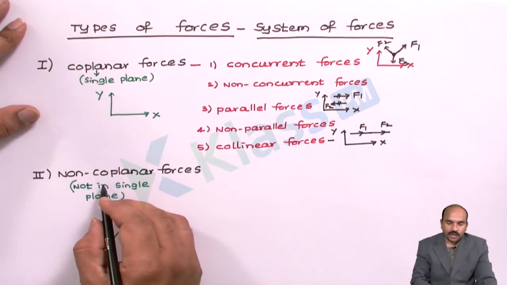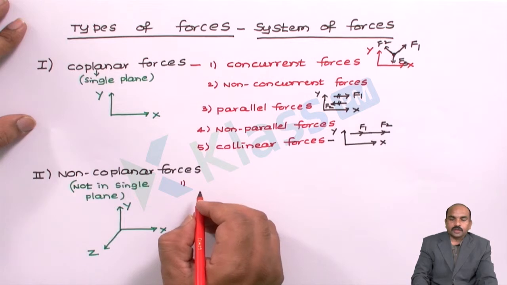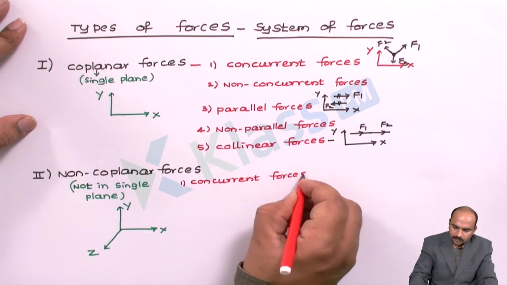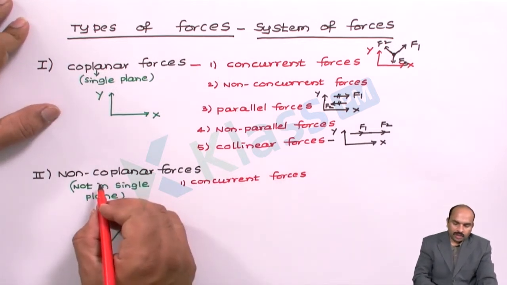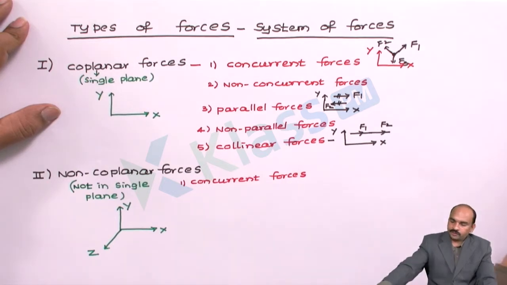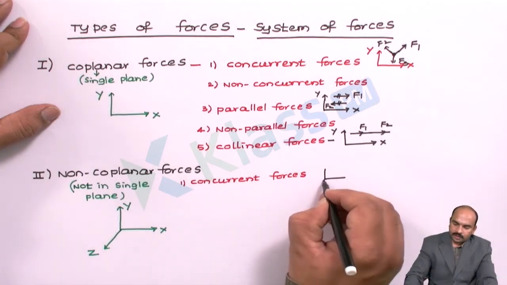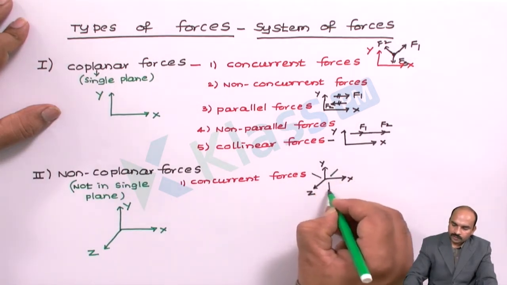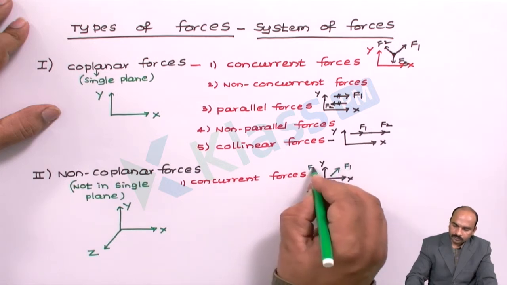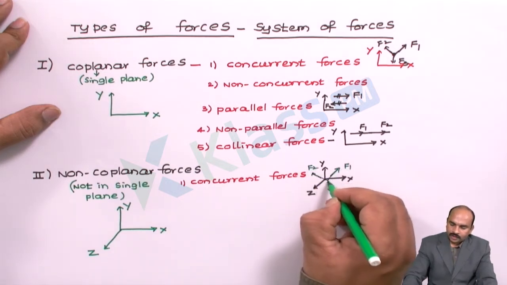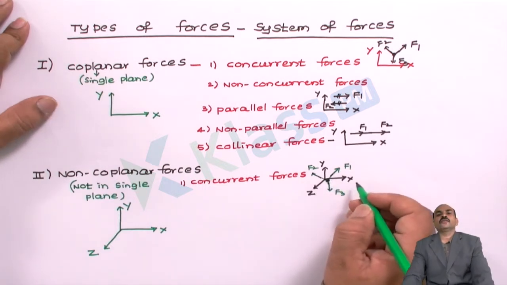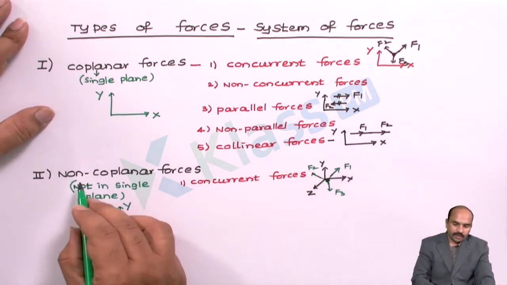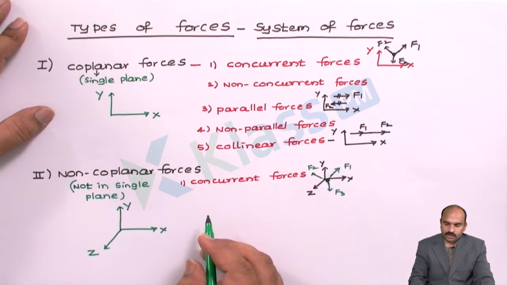Now let us see the non-coplanar forces. So one is concurrent forces. Non-coplanar concurrent forces means the forces are in different planes. So there are forces F1, F2, F3. If we extend the line of action of all the forces and they meet at a common point, then we say concurrent forces. They are in different planes, so we say non-coplanar concurrent forces.